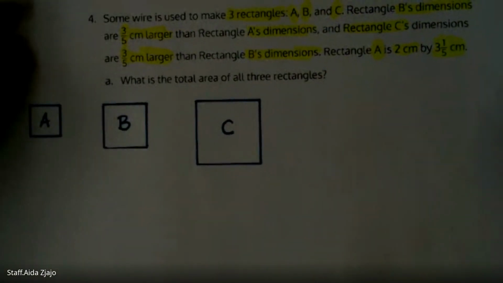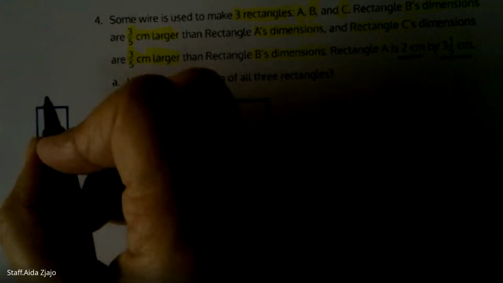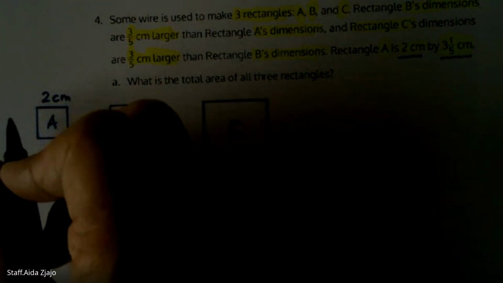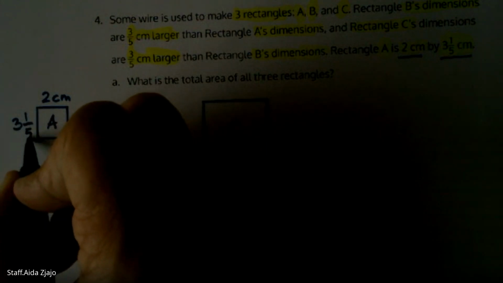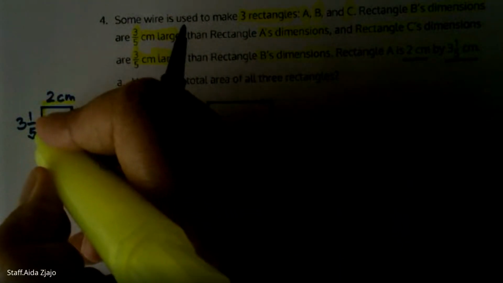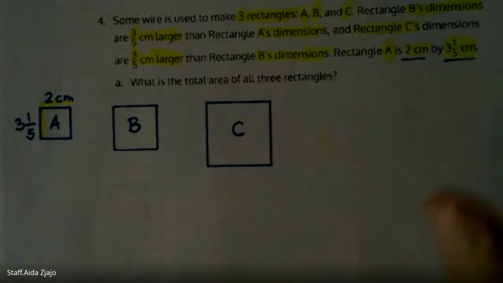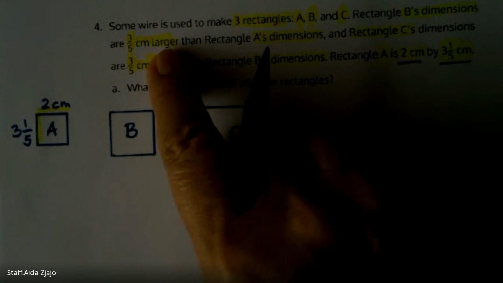So we know dimensions for A. A is 2 by 3 1/5, so it's 2 centimeters by 3 1/5 centimeters. Because it doesn't say times 3/5, it says 3/5 centimeter larger.